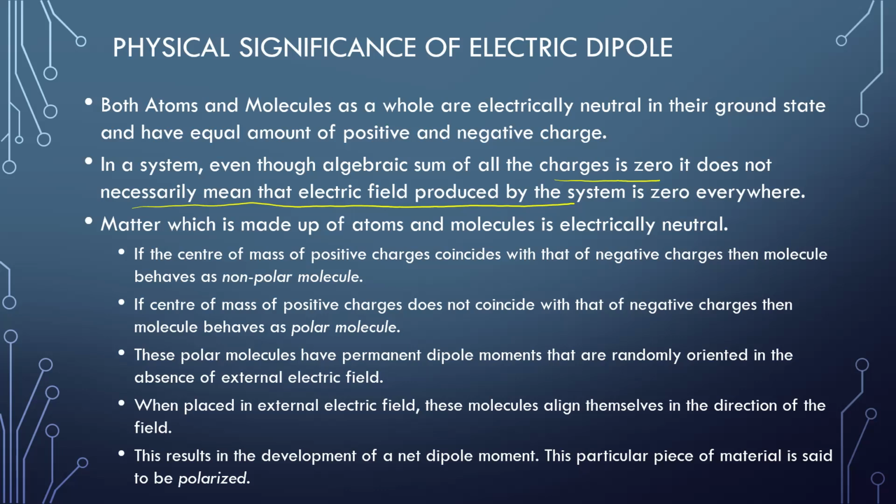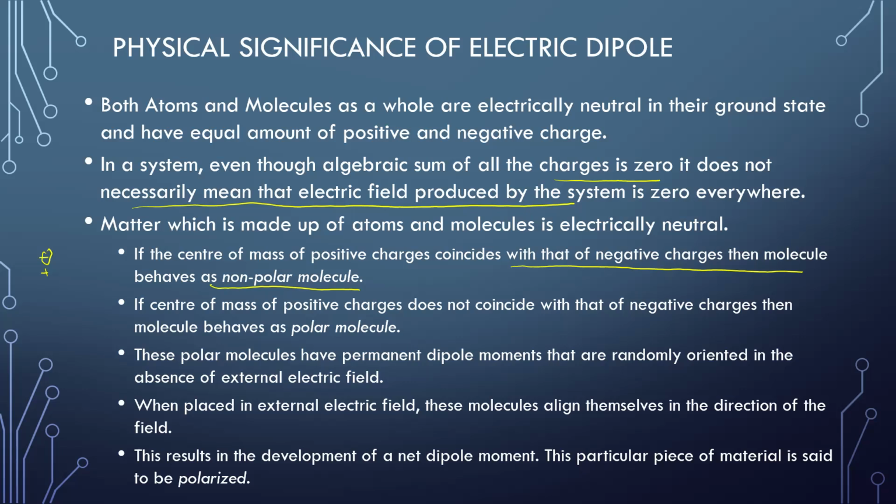Now, if the center of mass of positive charge coincides with that of the negative charge, then the molecule is behaving as a non-polar molecule. That means the center of the negative charge and the center of the positive charges are both coinciding, then the molecule behaves as a non-polar molecule.